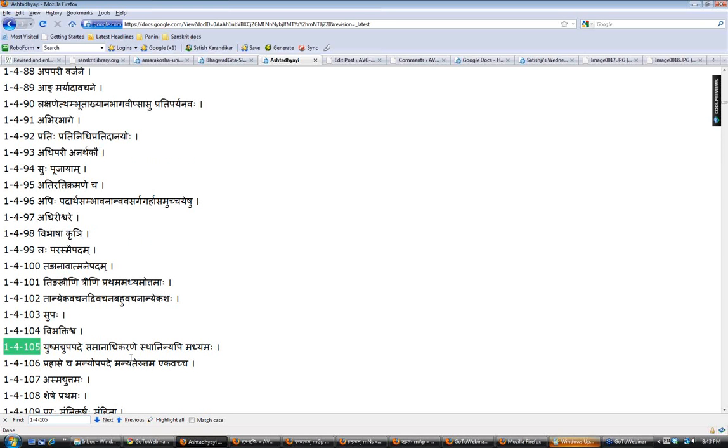So in connection with yushmad, whether implied or direct, only in connection with yushmad, that one single pratipadikam, yushmadyupapade, samanadhikarane sthaninyapi. Sthaninyapi means that it doesn't have to be specifically there.